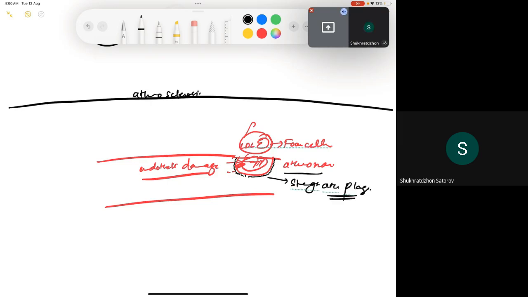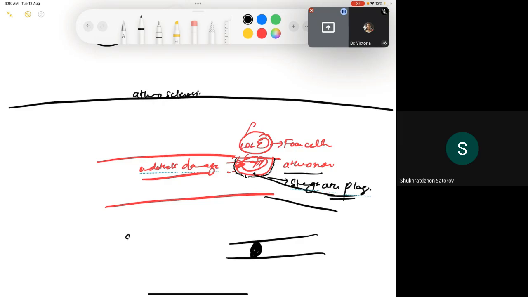And by any chance, if this atheroma gets ruptured, if the cap or fibrous cap gets ruptured, this atheroma can move forward, and it can lodge in some small vessels of your coronary artery, and they can entirely block the entire length of your coronary vessel.